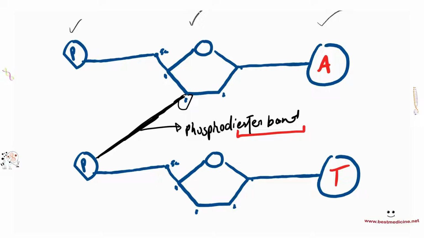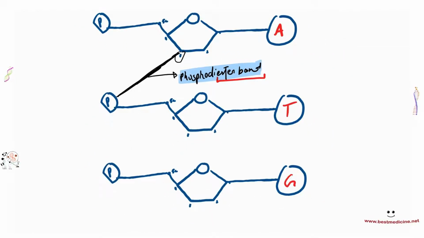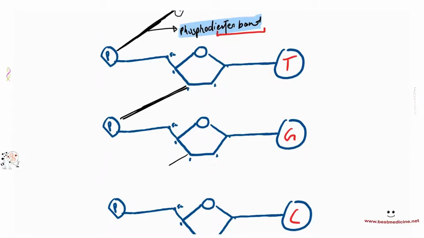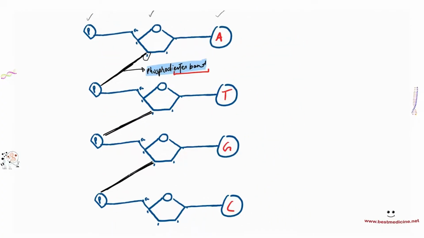But all you need to know is to remember this bond name if you want to. For AQA, I don't think you even need to remember the name. So you'll have all these phosphodiester bonds between adjacent DNA nucleotides, forming a single strand of DNA molecule.